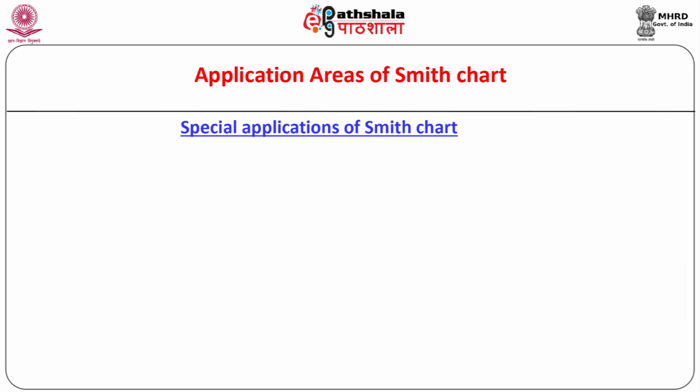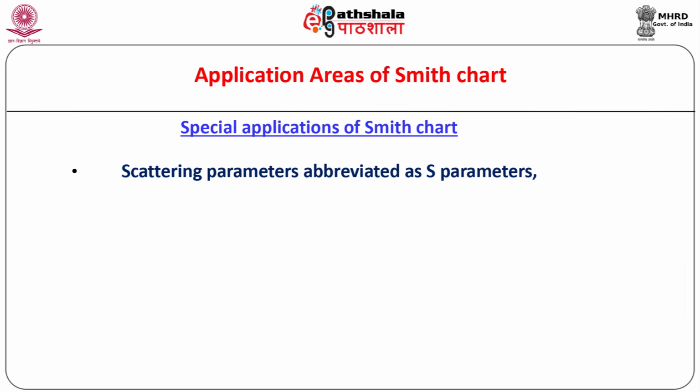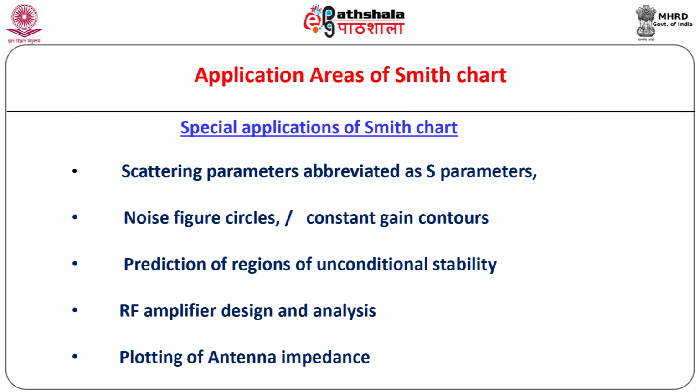Besides determination of transmission line parameters and related problems, Smith chart has many other miscellaneous applications. Scattering parameters abbreviated as S parameters, noise figure circles, constant gain contours and regions of unconditional stability are some of the special applications of Smith chart.